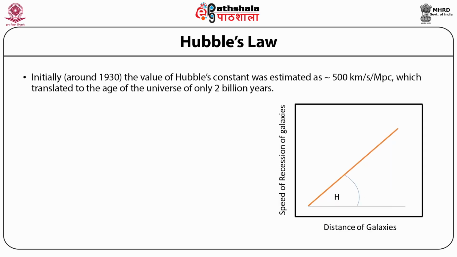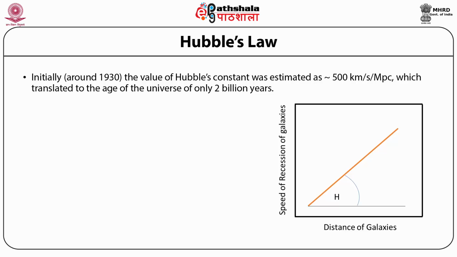Initially, around the 1930s, the value of Hubble's constant was estimated as approximately 500 kilometers per second per Mpc, which translated to the age of the universe of only 2 billion years.